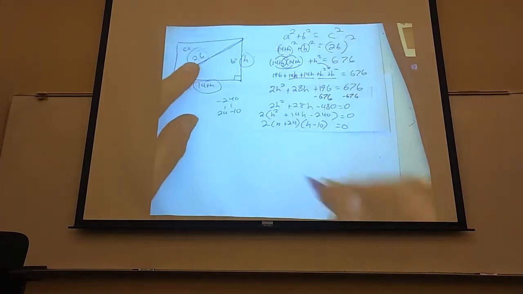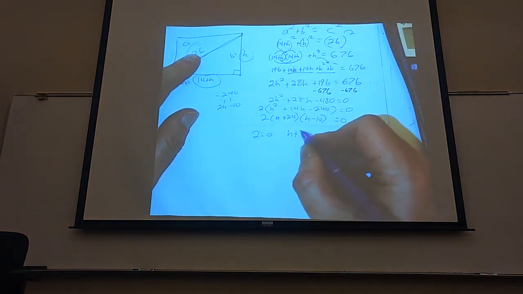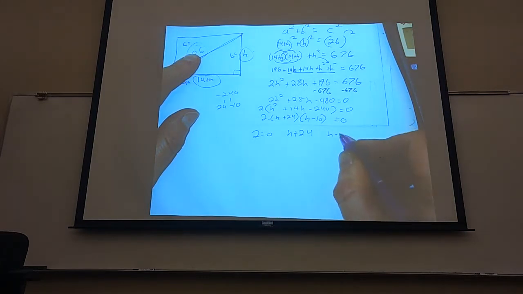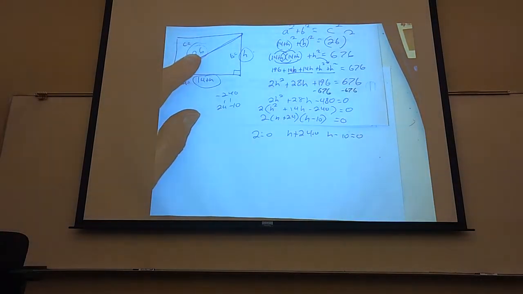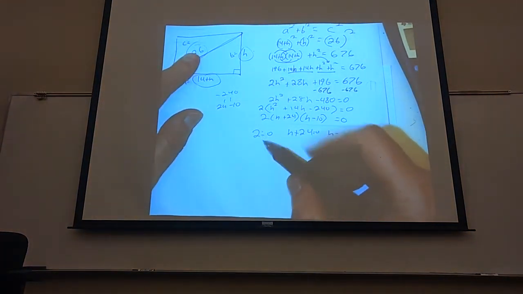So from here, technically, we should set each of our factors equal to 0. But we can eliminate a lot of these. 2 does not equal 0.